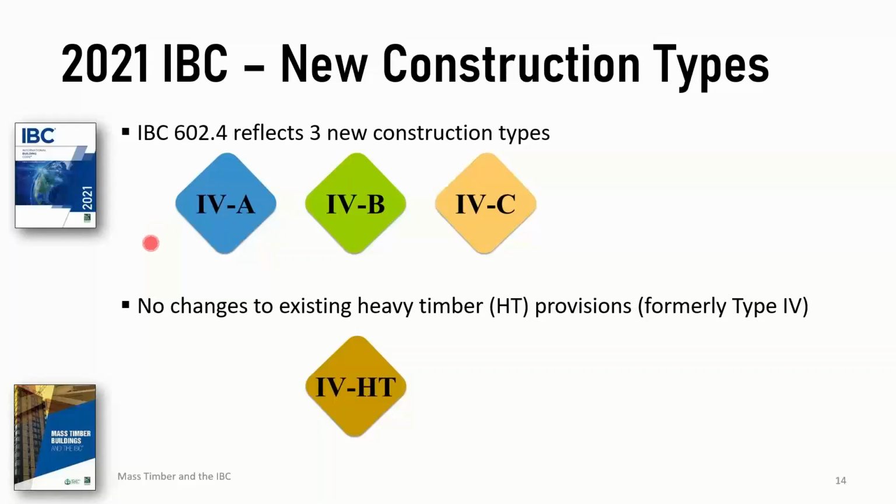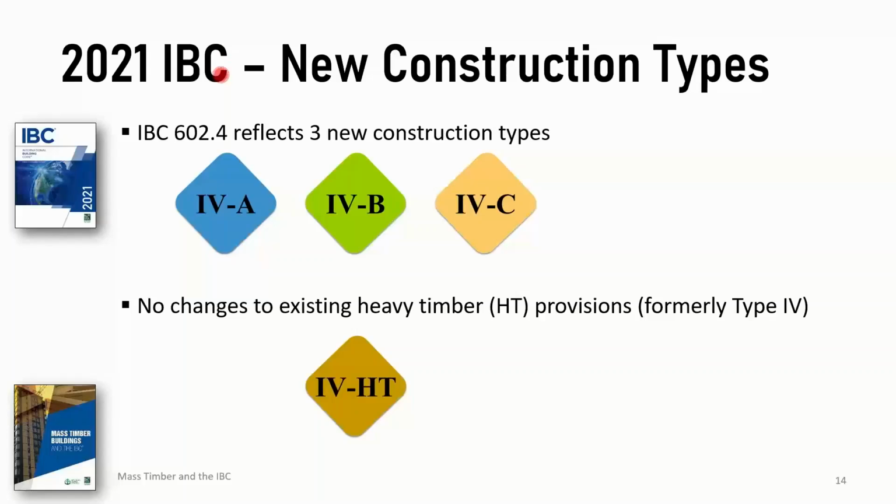But the significant work of research and testing and drafting of the provisions was the work of the ICC Ad Hoc Committee on Tallwood Buildings, a broad-based committee that included representation from regulators, code officials, fire officials, fire protection engineers, designers, certainly structural engineers, architects, fire experts, and they did the work.